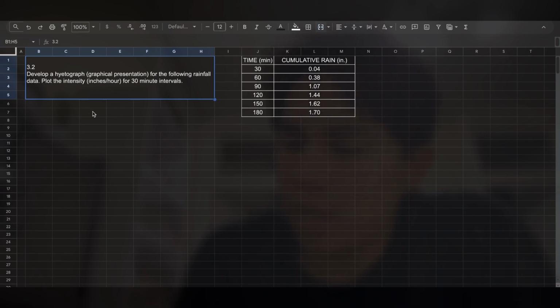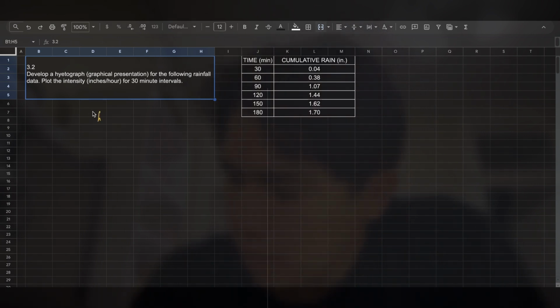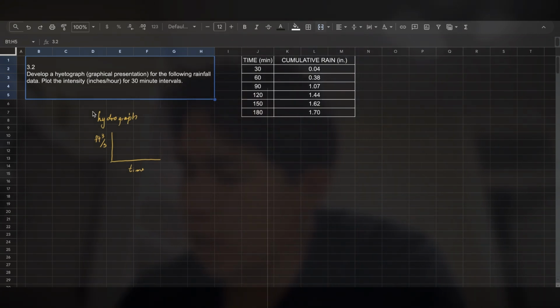So for a hydrograph, you have your y-axis and x-axis. In your x-axis, you have time, and in your y-axis, you have cubic feet per second of a stream flow, outflow.